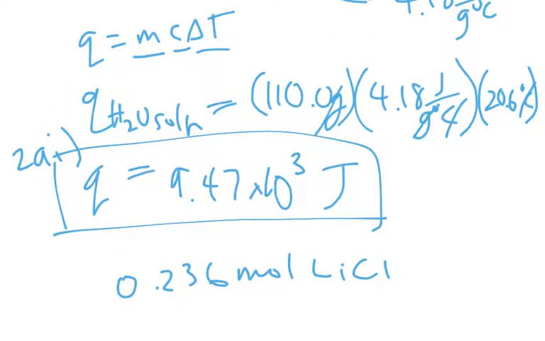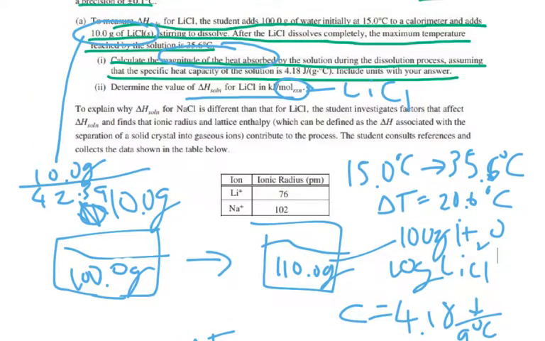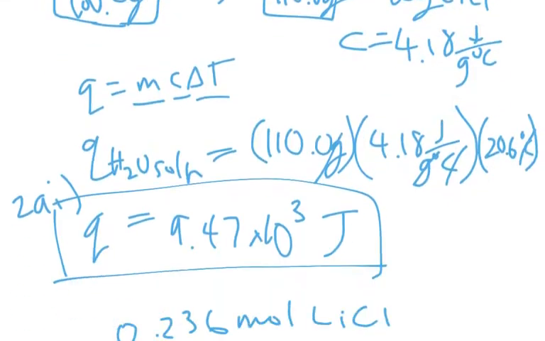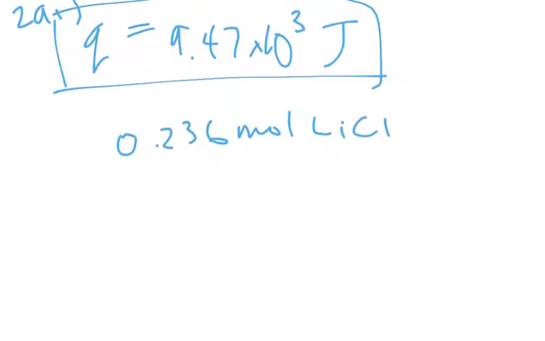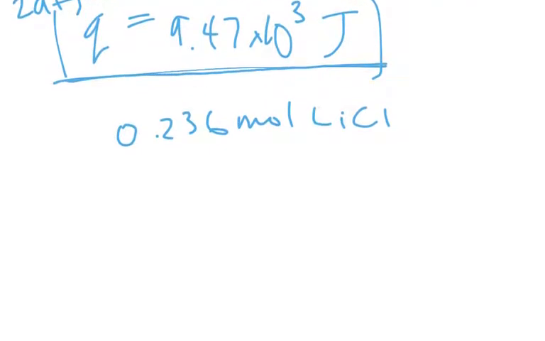And before we continue, we have to think about what the question is asking. It's asking for the delta H of solution. Now, in 2A1, we calculated the amount of heat the water absorbed, but don't you agree that the amount of heat the water or solution absorbed is equal to the negative of the heat released by the reaction?